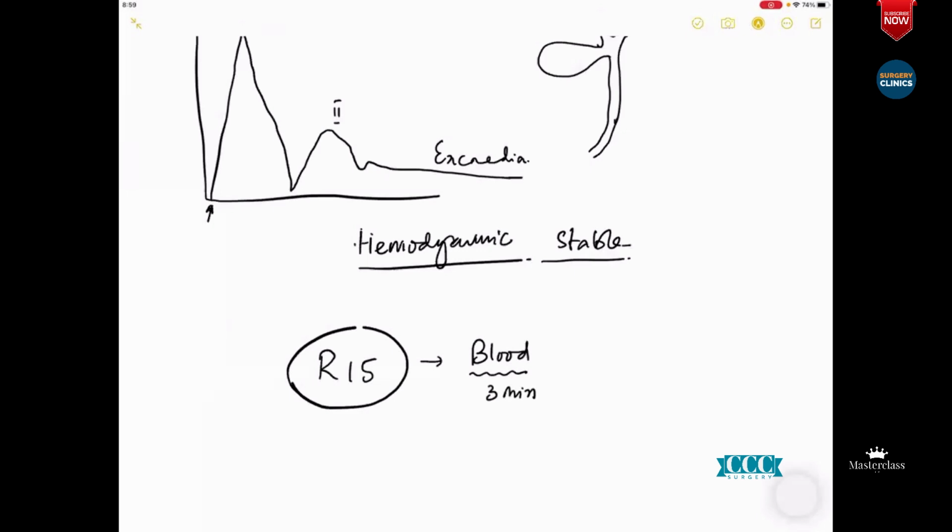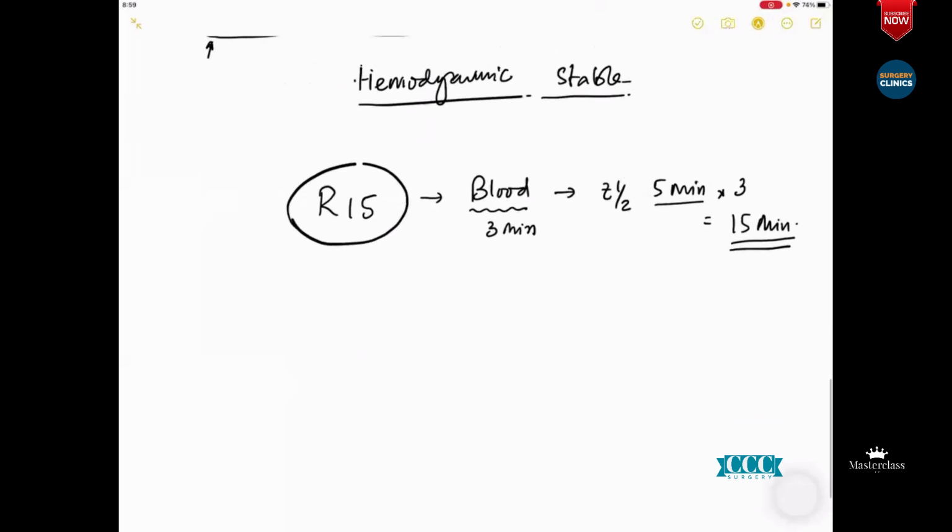After it is distributed, remember that it has a very short half-life of about 5 minutes. So if you make it 3 times that of 5, by around 15 minutes, you expect to know how much of the drug is excreted.